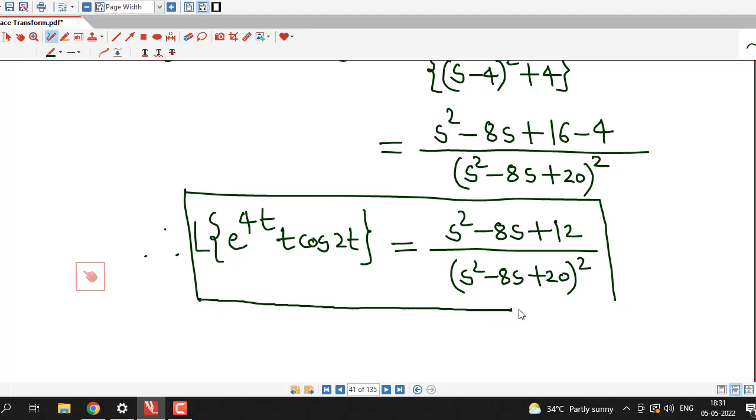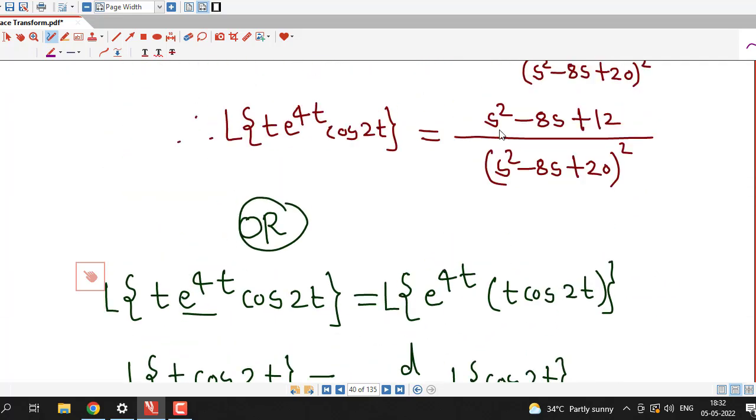So now we compare whether our answer is same or not. If it is true, it must be same. Here we have s square minus 8s plus 12 divided by square of s square minus 8s plus 20. So s square minus 8s is there. Here we have to check plus 12 and 20 whole square.